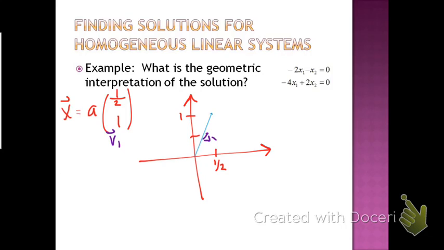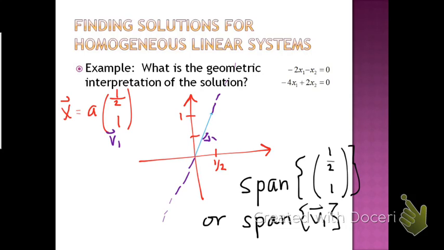So what does it mean to multiply by any scalar a? We saw this also in a previous slide. That just means we're looking at constant multiples of this vector. So it's just a line through the origin that contains the vector v1.